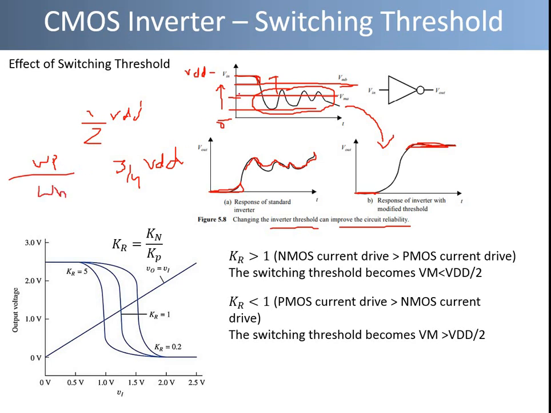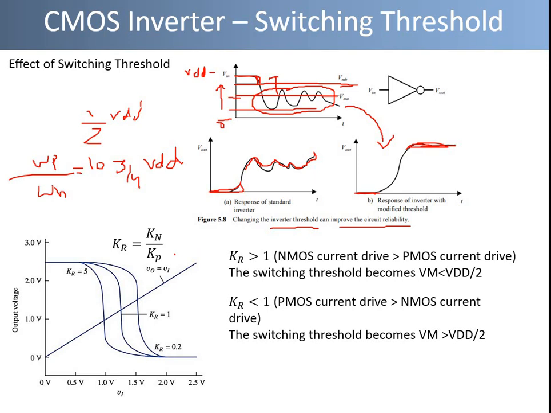For example, in this case, if we want a switching threshold of 3/4 VDD, we may be having Wp by Wn equal to 10 or 11. It means the PMOS transistor must be 10 times the NMOS transistor, which is not a feasible result from a layout design point of view. So the switching threshold must be selected in a realistic way.